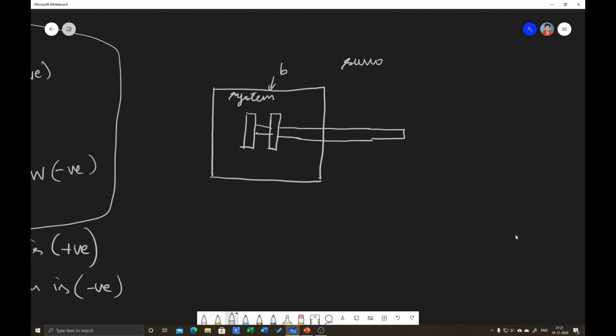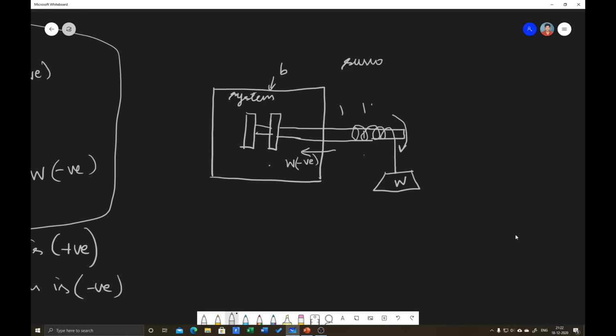So this is the stirrer. A thread is bound around the shaft and a weight is hung. If you release this weight, what happens? This shaft will rotate, and whatever work is done is transferred to the system. So work is coming into the system, that is why this is negative. Work is transferring from outside the system to inside the system.